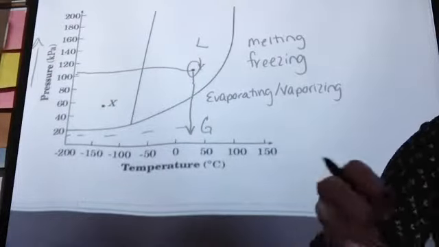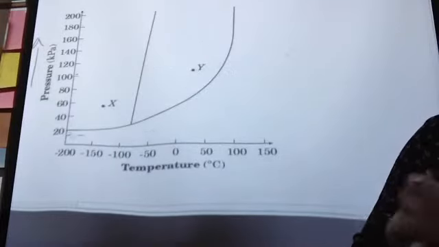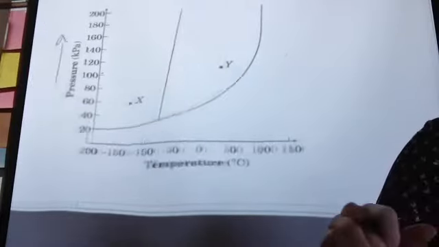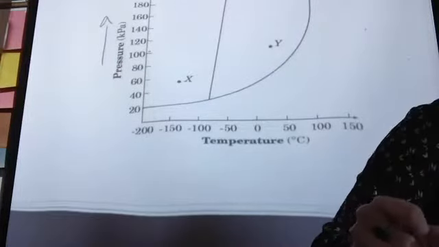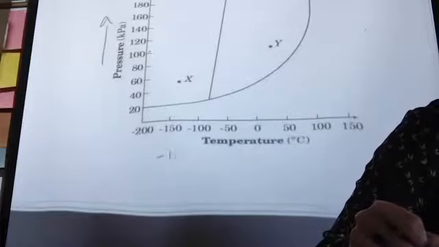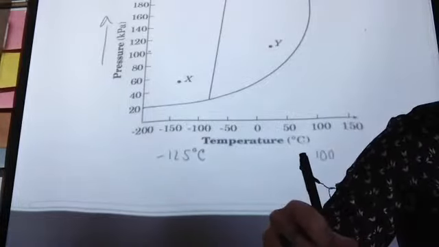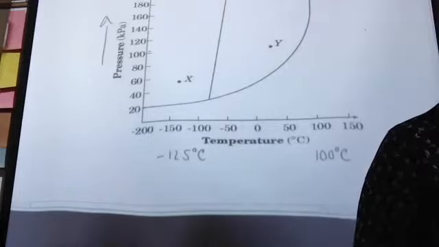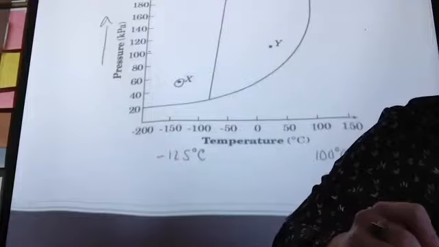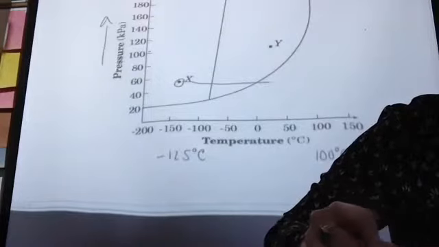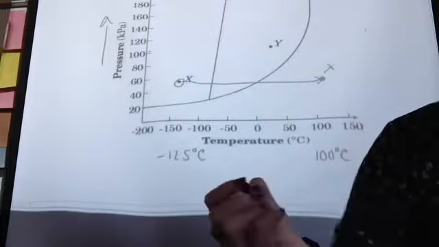Okay? Now, let's do another situation. What if I raise the temperature of X from roughly negative 125 degrees Celsius all the way to 100 degrees Celsius? What if the question asks that? You take X, without changing the pressure, you're going to increase the temperature all the way to 100 degrees Celsius.